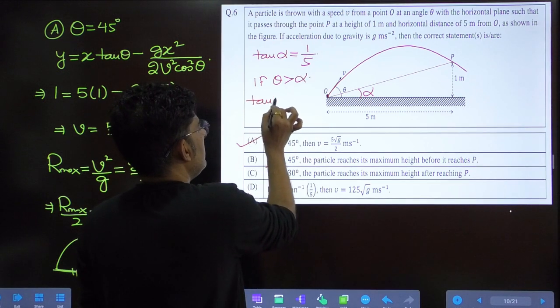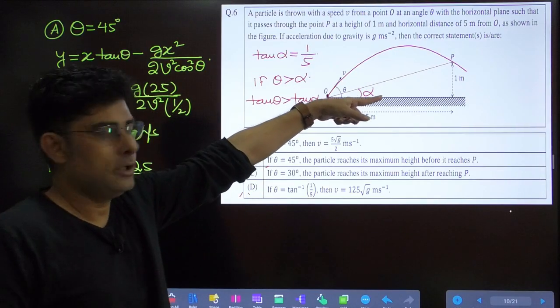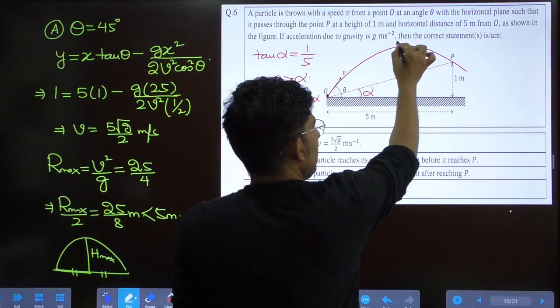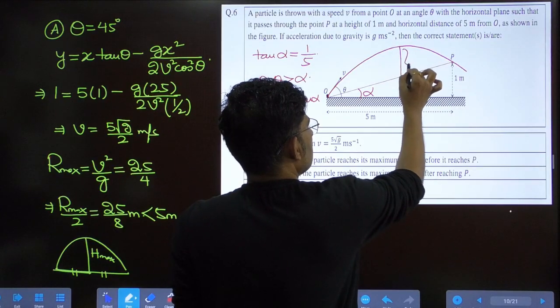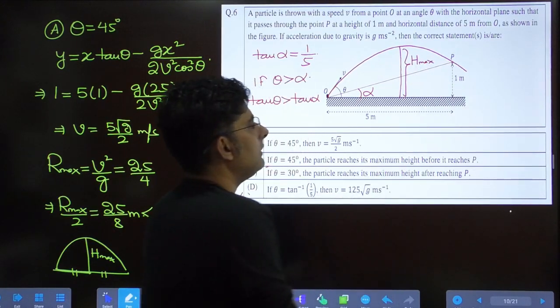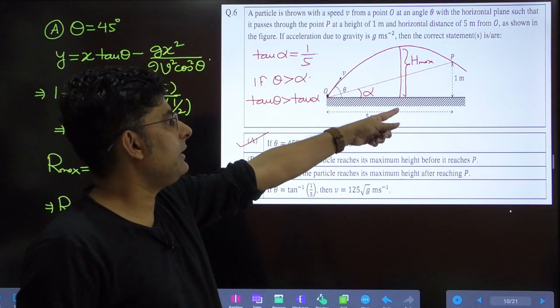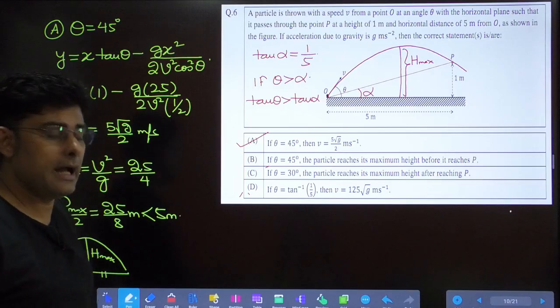So tan theta will become greater than tan alpha. So this case will occur. So it will attain the maximum height earlier. This is the maximum height, you can see, will be attained earlier. So P point will be attained after maximum height whenever theta is greater than alpha.